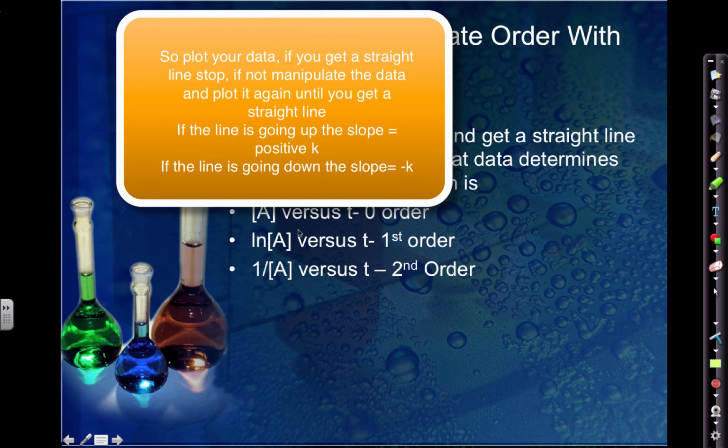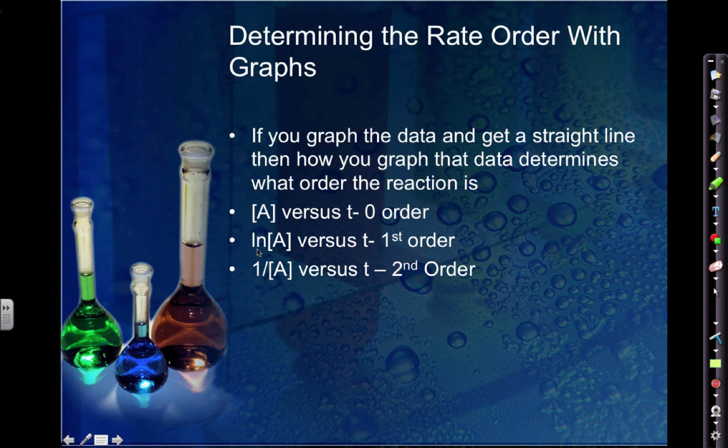But if it doesn't give me a straight line, then I can take the concentration and manipulate it. I can take the natural log of that versus time. If I get a straight line at that point, it's first order. If it's still not a straight line, I can manipulate it again. So take the inverse, and if I get a straight line at that point, it's second order.